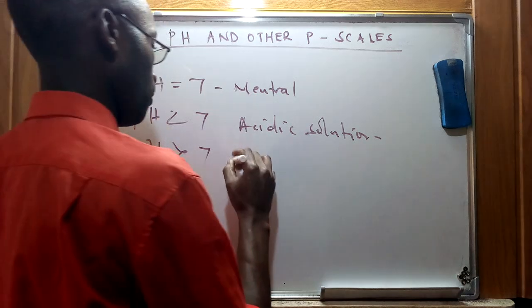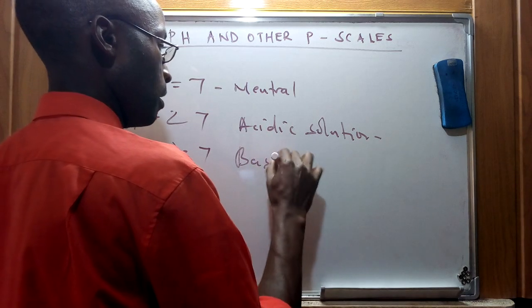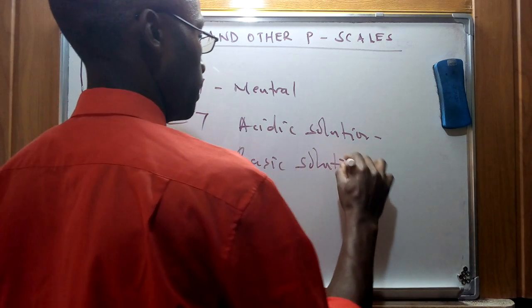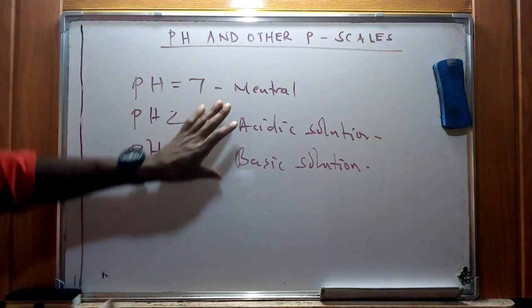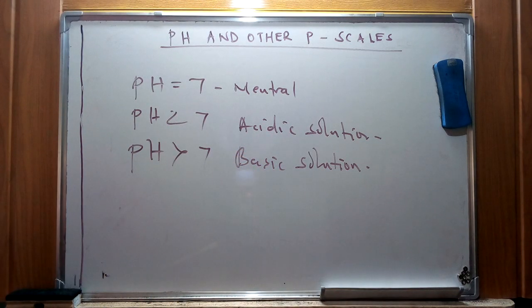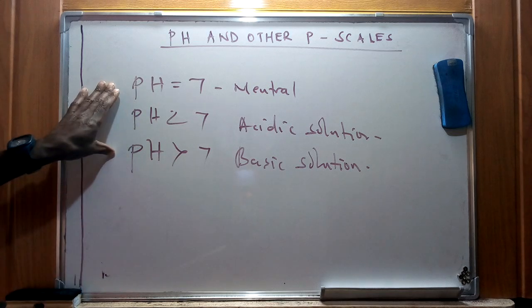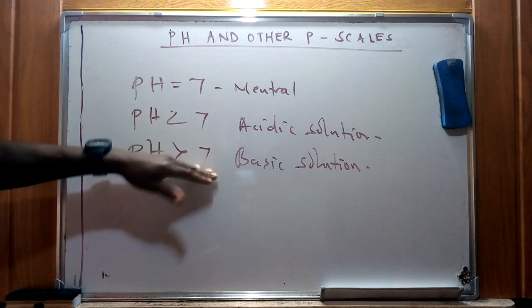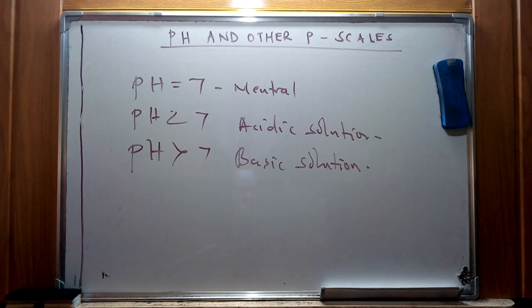And the last one is going to form a basic solution respectively. So from this illustration, we can be able to classify substances that have got a range of scales falling under this category as either acidic, basic or neutral.